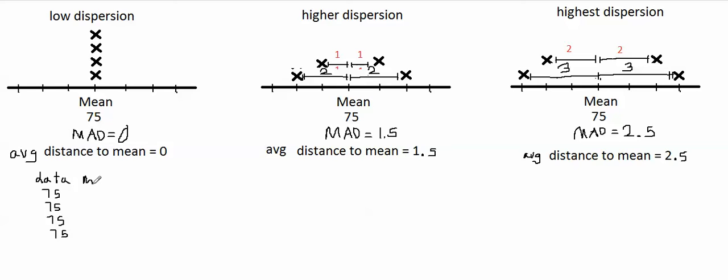The mean of the class is 75. If you added these 4 numbers and divided the total by 4, you would get 75. So remember, you have to subtract each value by the mean.